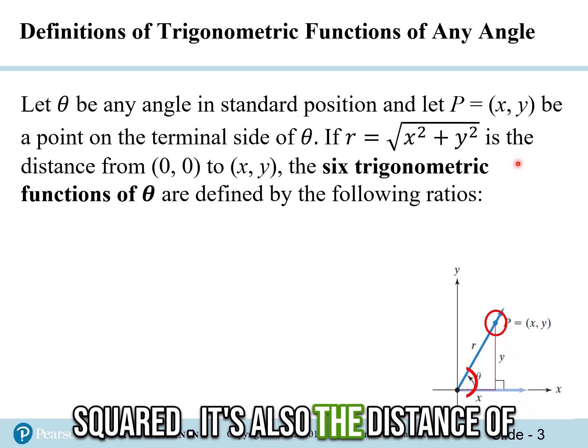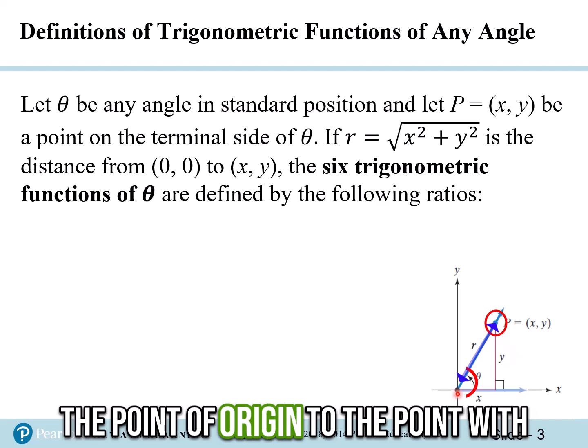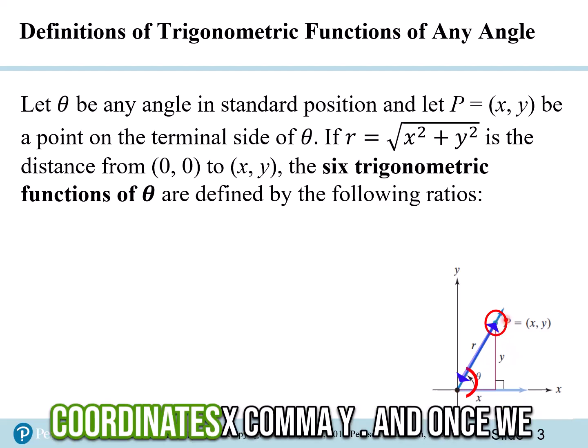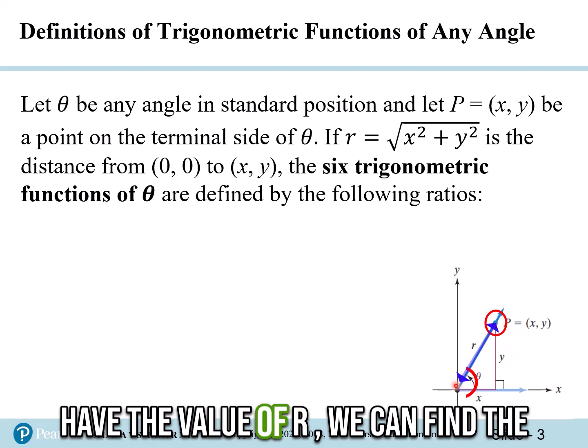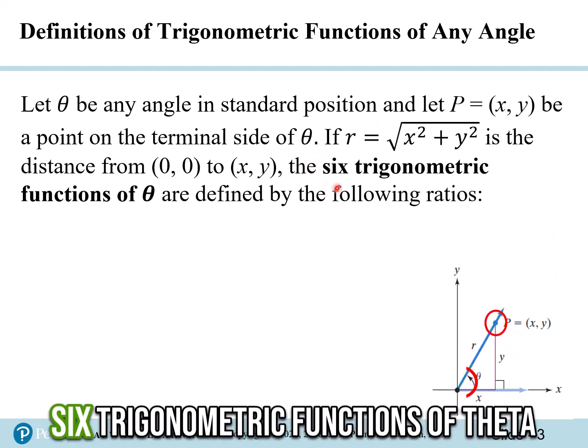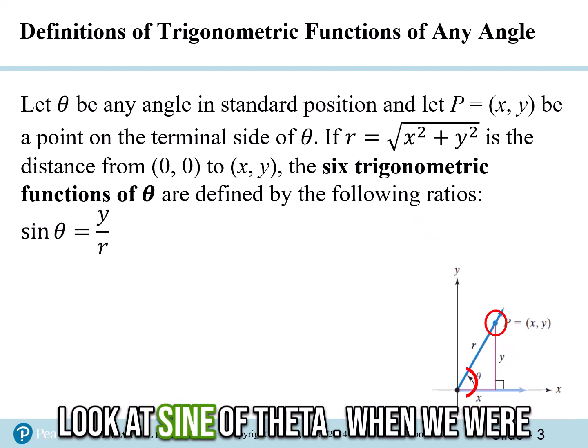It's also the distance from 0, 0, the origin, to the point with coordinates x, y. And once we have the value of r, we can find the 6 trigonometric functions of theta in the following manner.